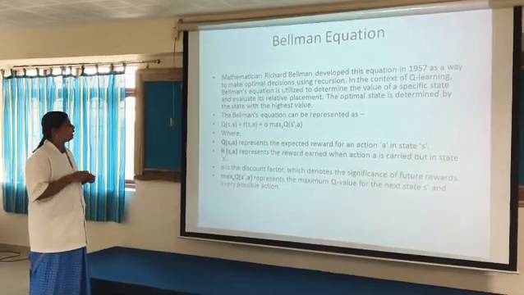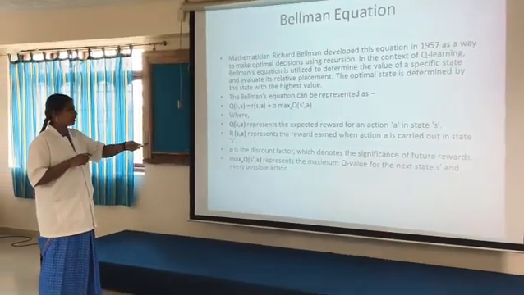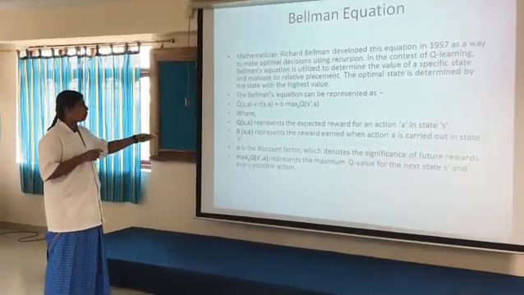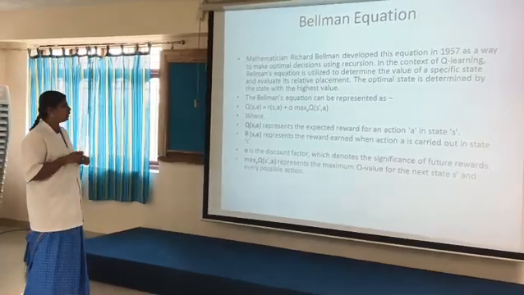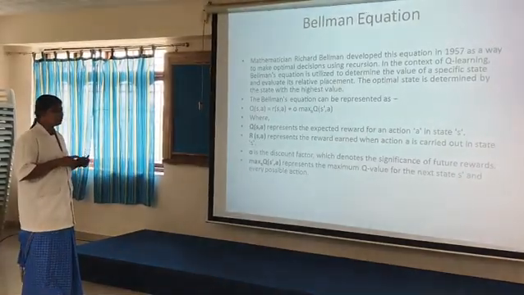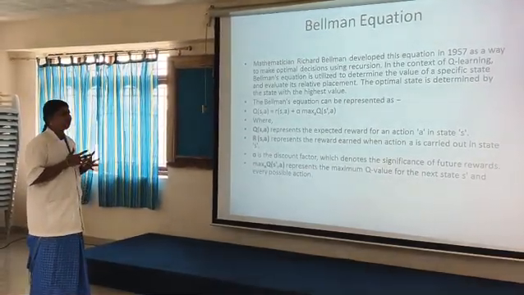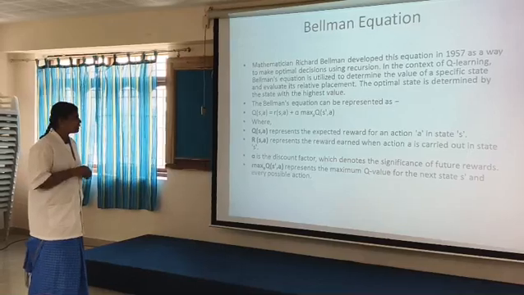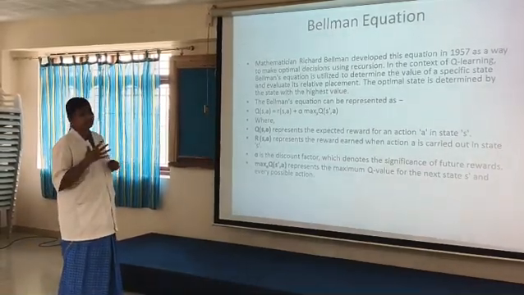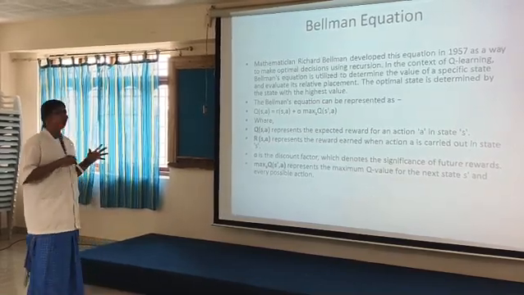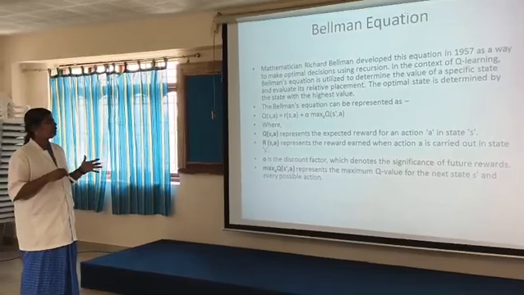So Q of S comma A represents the expected reward of an action A in state S. R of S comma A represents the reward earned when the action A is carried out in state S. Gamma represents the discount factor, which denotes the significance of your future rewards. And maximum of Q of S dash comma A dash represents the maximum Q value in the next state S dash, as every possible action is taken into account.